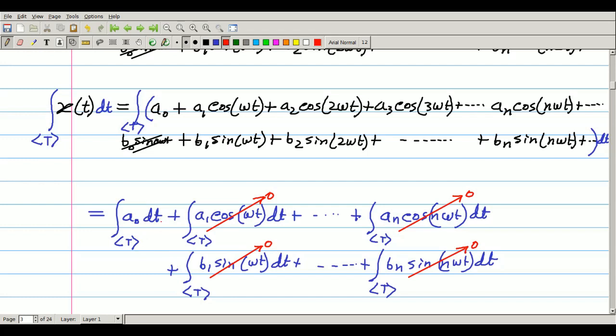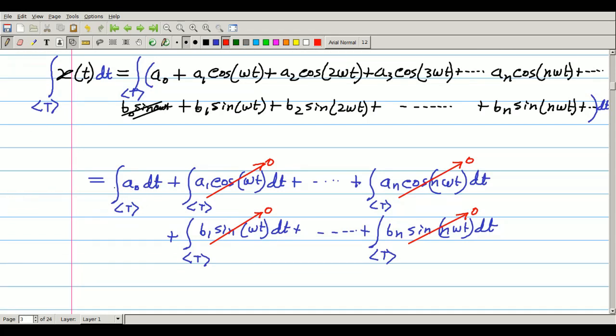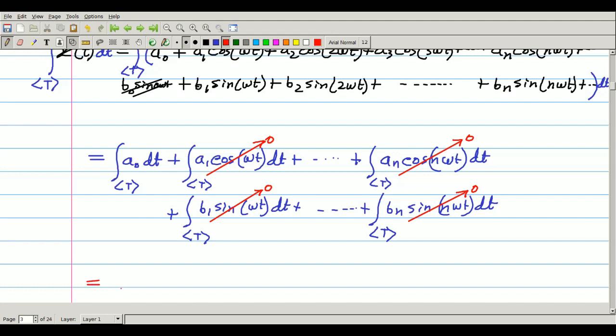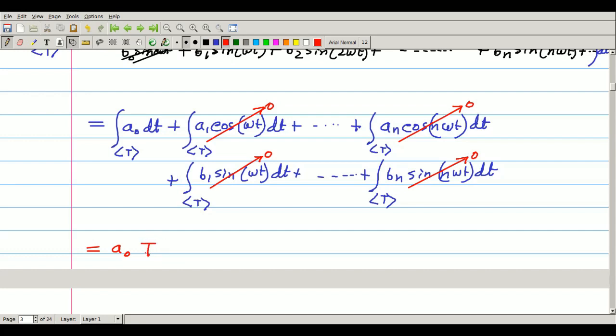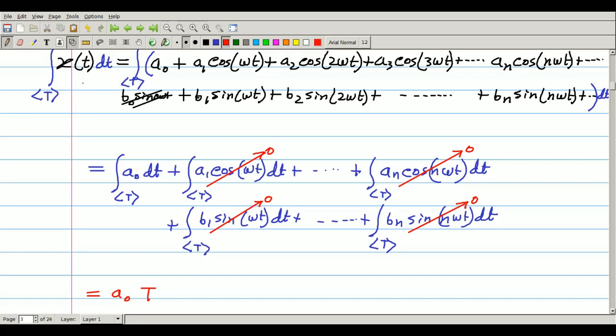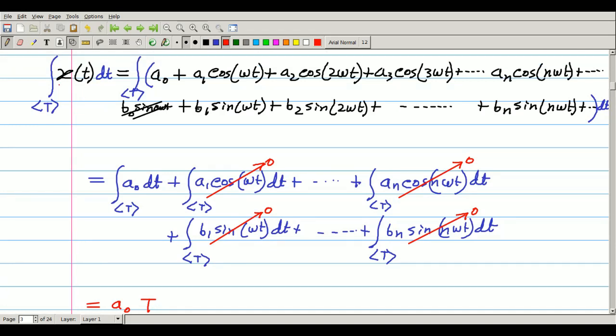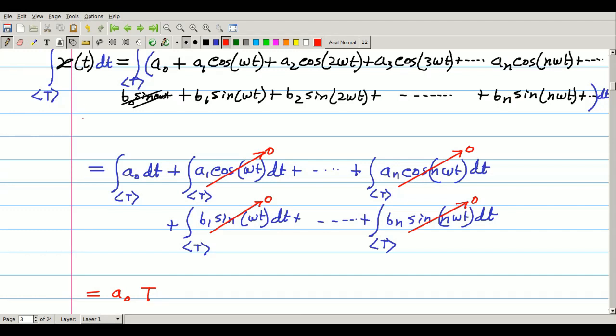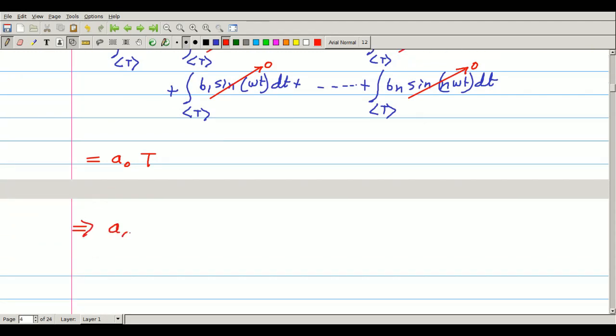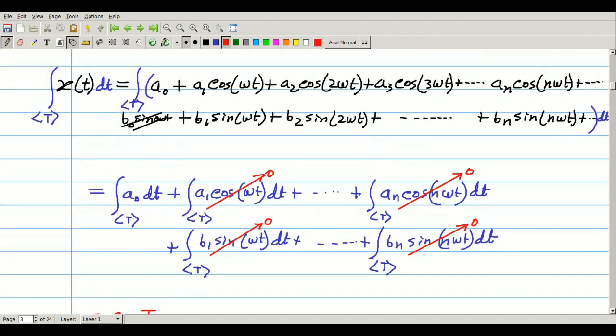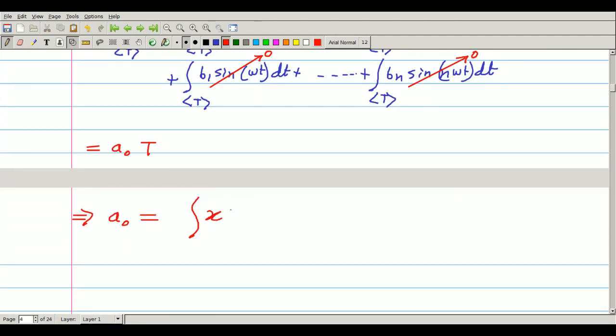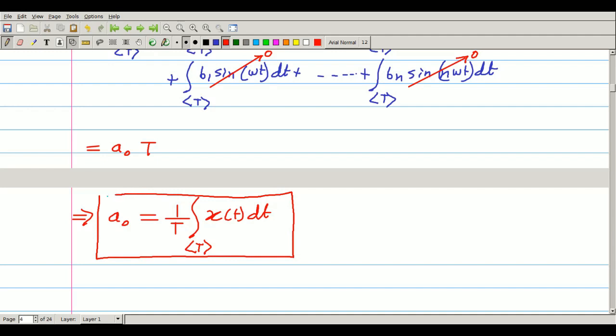Only this one term will survive, and this will be equal to a0 constant, and then integration of dt will be t. So from here, a0 T is equal to integration of x(t) dt, we can write that a0 should be equal to the left hand side, which is x(t) dt integrated over complete cycle divided by capital T. So this should be the value of a0.